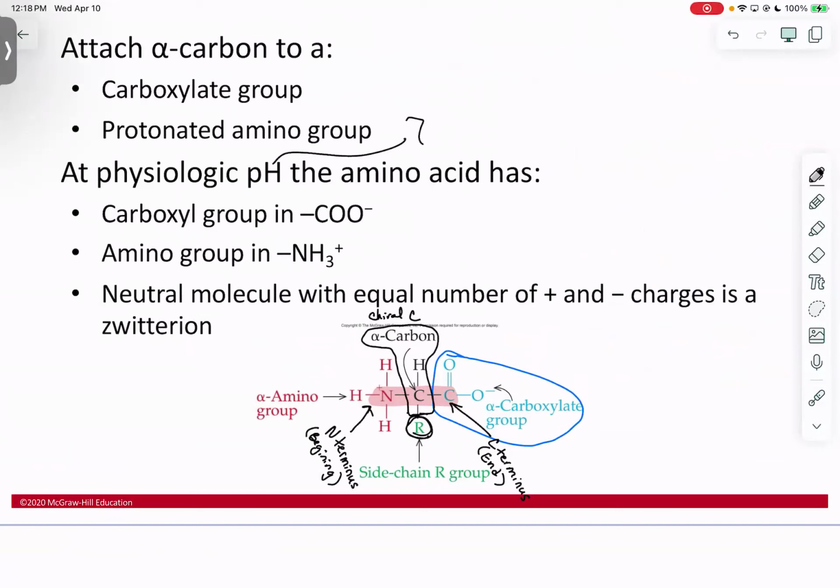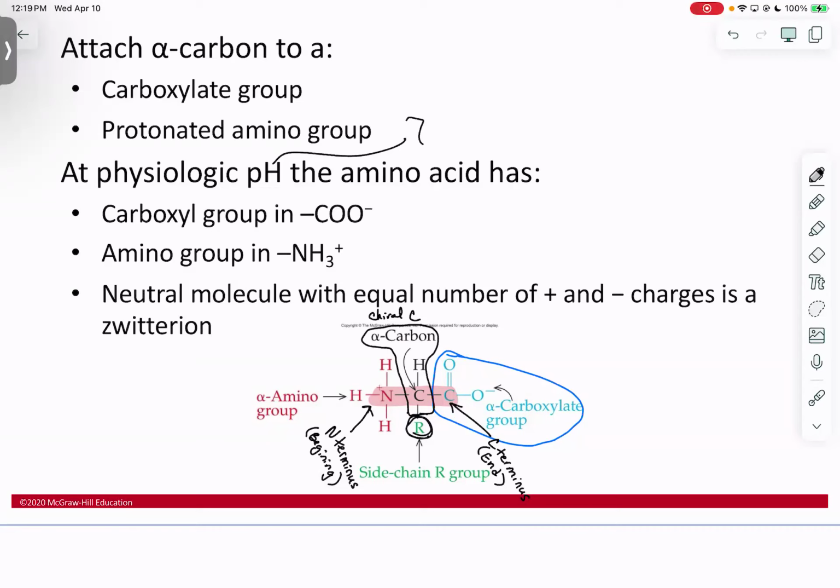It's going to look like a carboxylate and not a carboxylic acid, and it's going to look like a protonated amine, not a deprotonated amine. So if I change the pH, I can change the protonation state of the amine and of the carboxylic acid group, but we'll talk about that later.